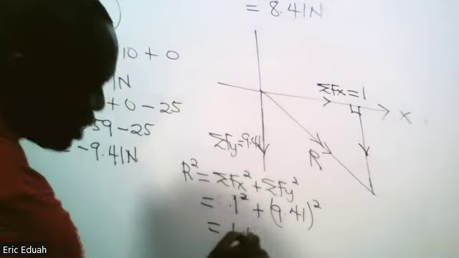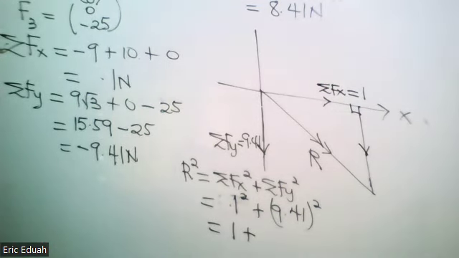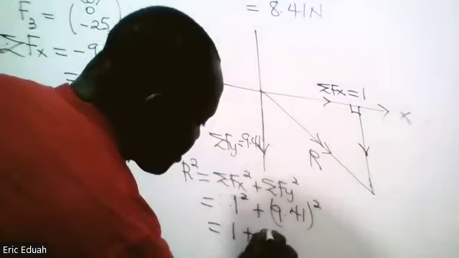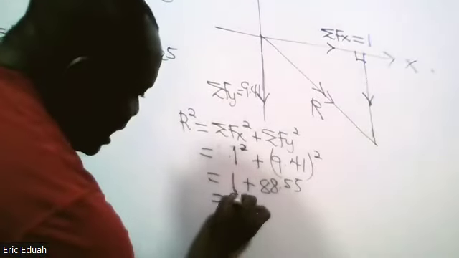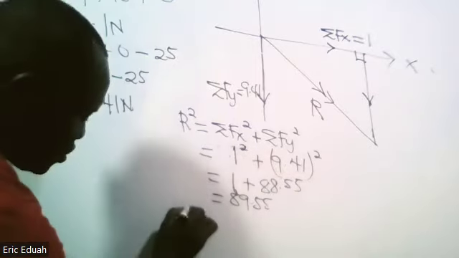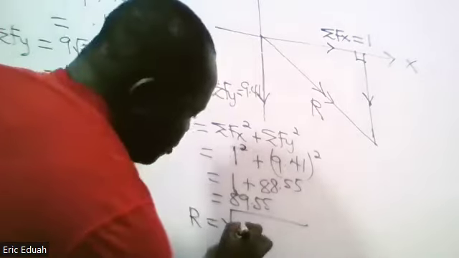This is 1. What's the square of 9.41? 88.55. Okay, so we have 89.55 Newton.